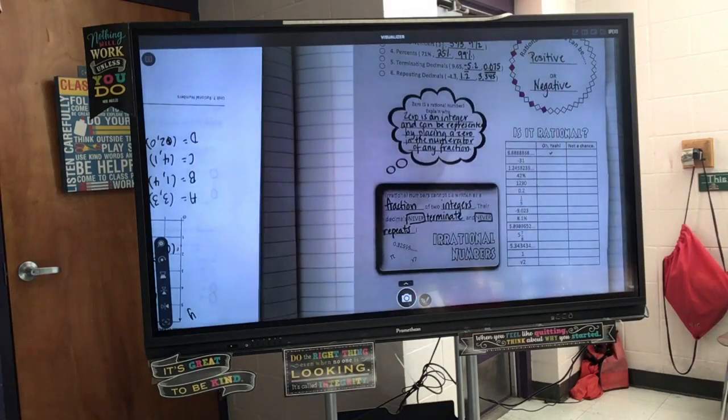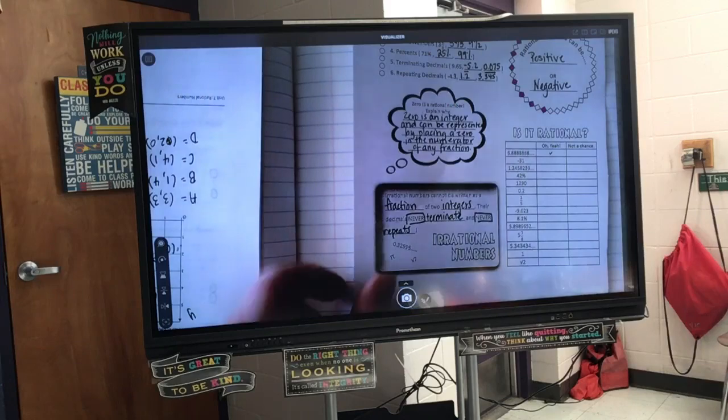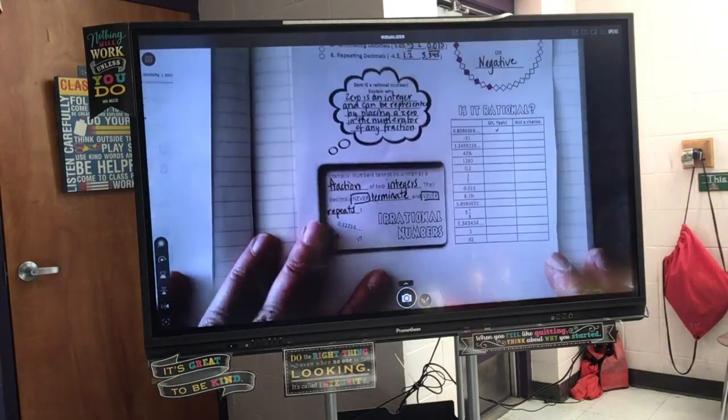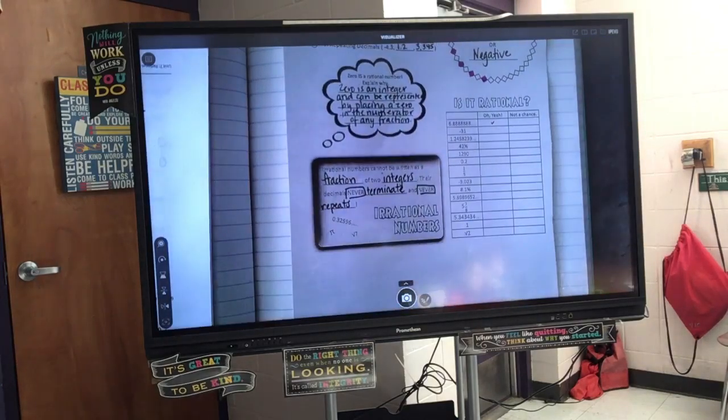Alright, let's go ahead and go over this. We're gonna do stand up, sit down to get a little bit of movement in our legs. So they said 6 and 8 tenths repeating was a rational number. Obviously, hopefully we all agreed. Alright, stand up if you said negative 31 is a rational number.